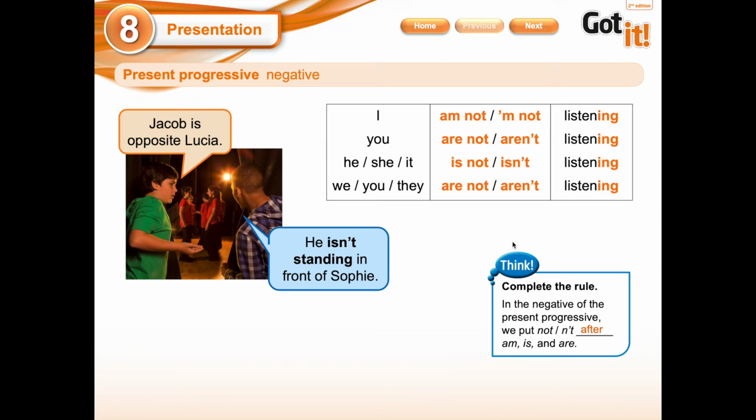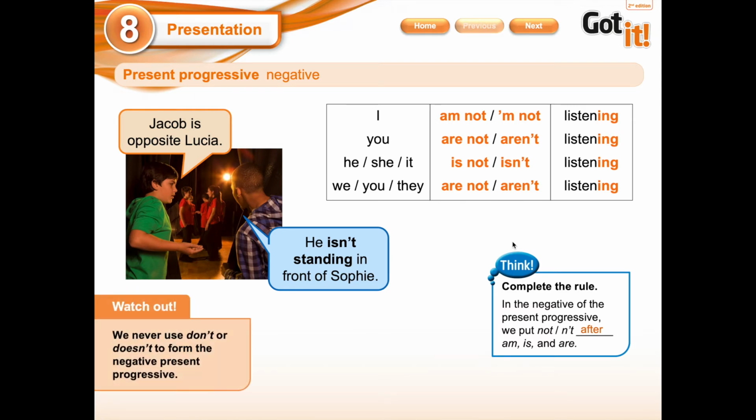You must use the word not after the verb to be. Like in the box, you are not listening. Not, you not are listening, okay? Or she not is listening. That is incorrect. You must use she is not listening or she isn't listening.